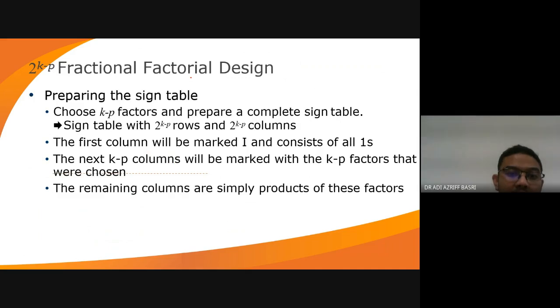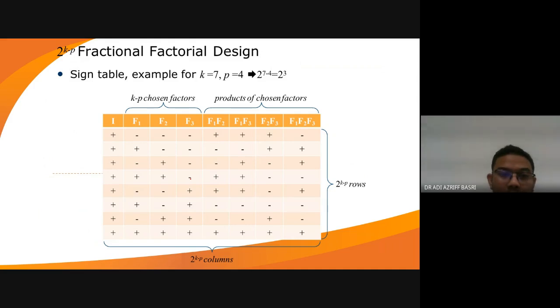Preparing the sign table: choose k minus p factors and prepare a complete sign table with 2^(k-p) rows and columns. The first column is marked I and consists of all 1s. The next k minus p columns are marked with the k minus p factors that were chosen. The remaining columns are simply products of these factors.